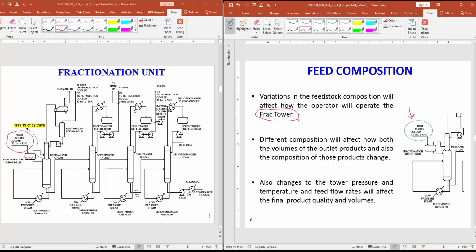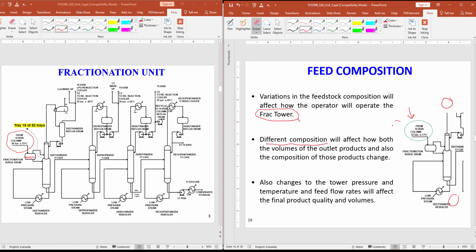Okay, so if you have different composition in the feed, we will get different top products and bottom products. Not only a difference in the composition, the flow rate or the volume of the product will also change depending on the composition of the feed that we have in this part.